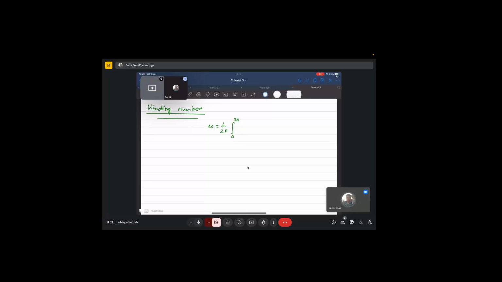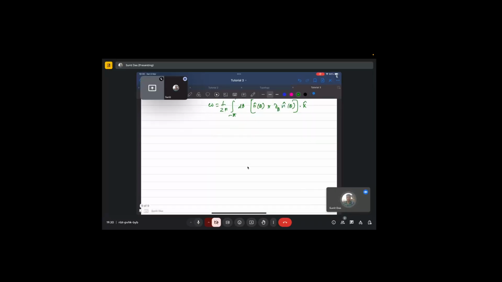It is better to take minus pi to pi, but let's not confuse this with the polar coordinate. Here n cap of theta, I'll explain what it is, del theta of n cap of theta, dk.